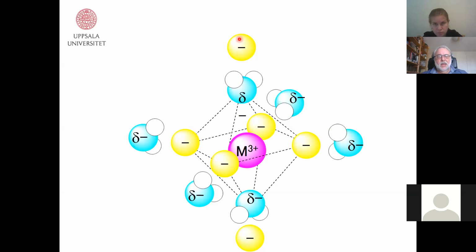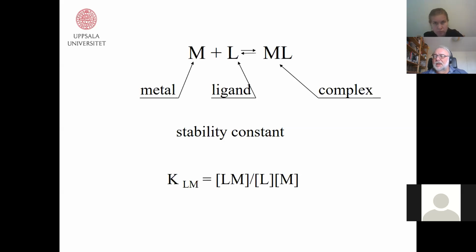So actually, having typically an ionic compound in solution, we organize this solution in a strong way, forming complexes, and those complexes are characterized by a stability constant, which is the ratio of the concentration of a complex and the product of the concentrations of the ligands and central atom.